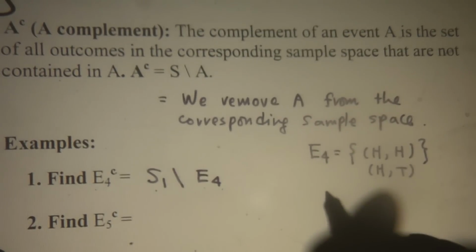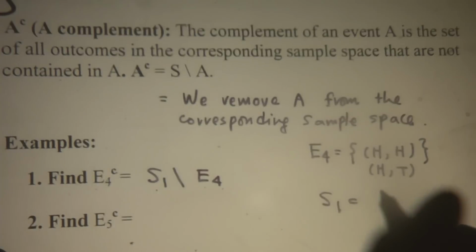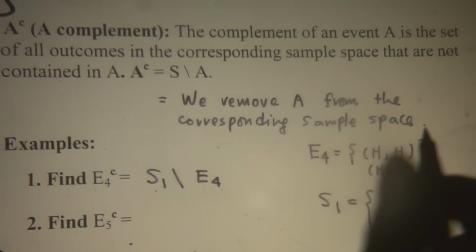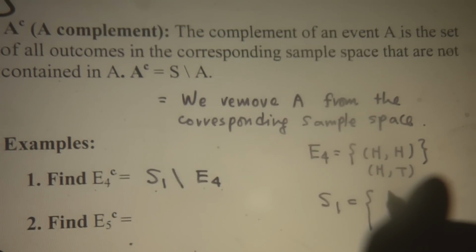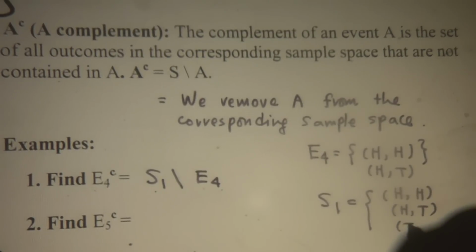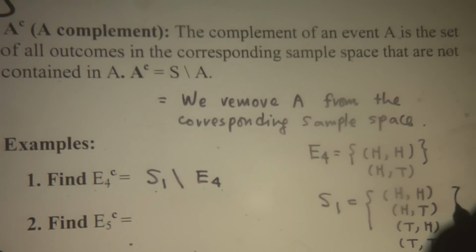And what's S1? S1 is the sample space resulting from random experiment 1. And S1, as you saw before, consists of 4 possible outcomes: head-head, head-tail, tail-head, and tail-tail.